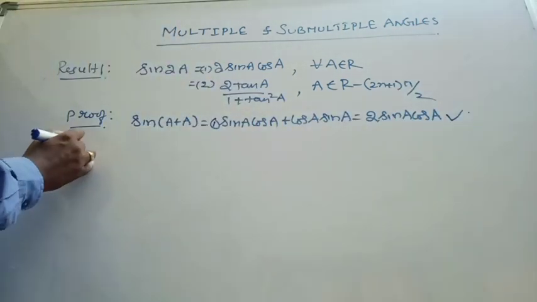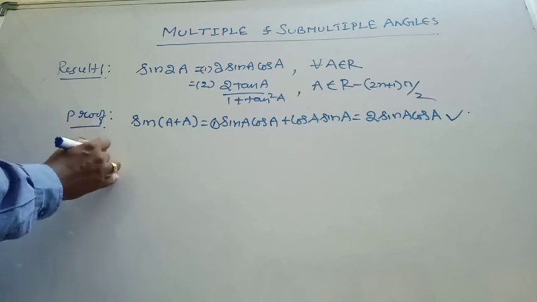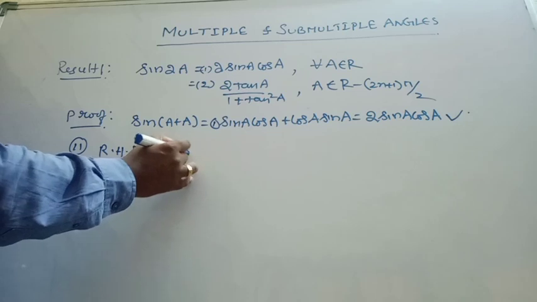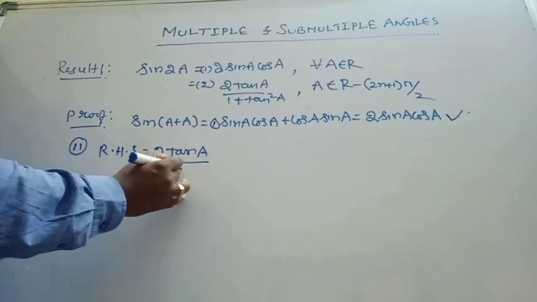Now the second result. How are we going to get 2 tan A by 1 plus tan square A?